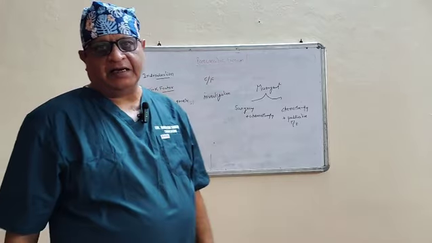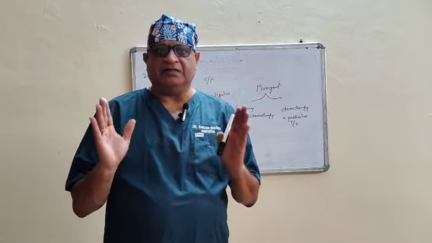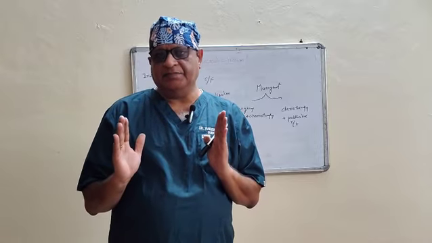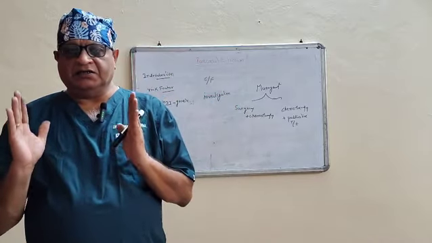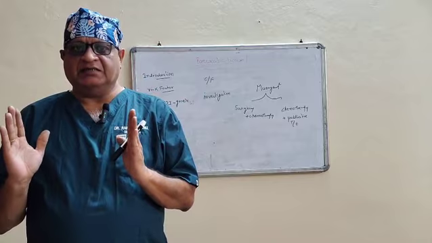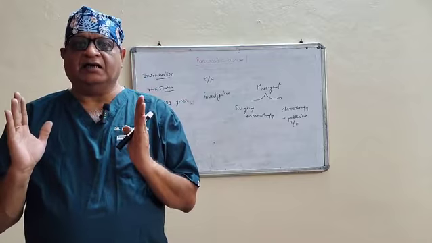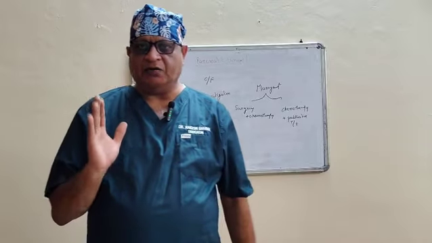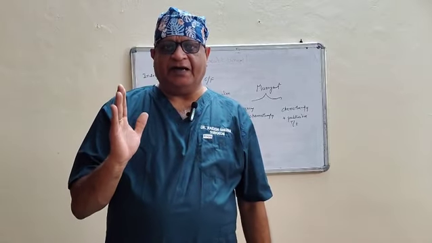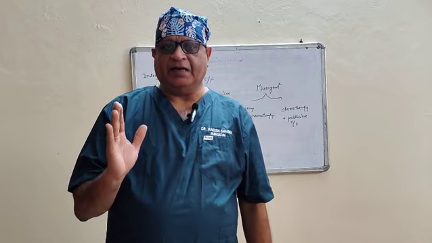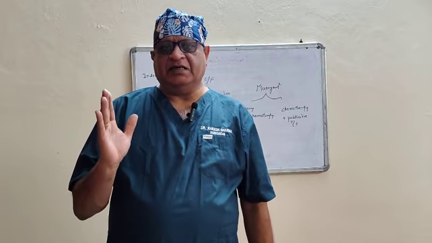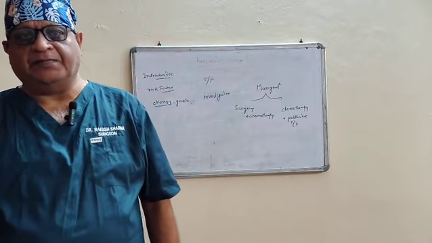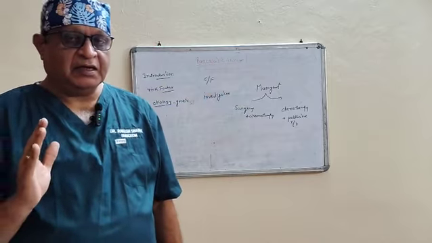We can divide pancreas into three parts: head, body and tail. 65% of cancers are found in the head of the pancreas, 25% in the body, 15% in the tail, and 5% remaining are periampullary carcinoma.